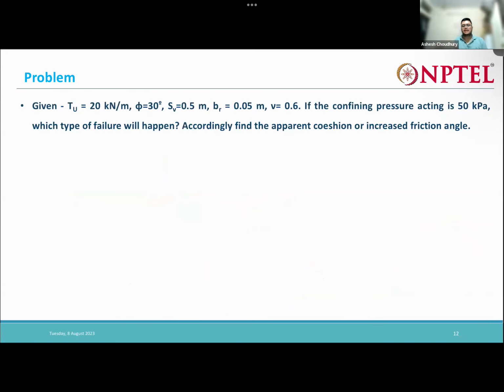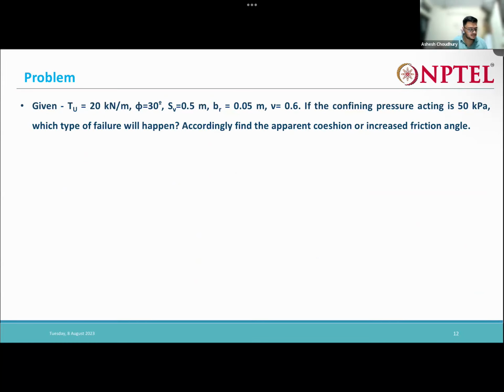Similarly, let us solve this problem. We have some values given. If the confining pressure acting is 50 kPa, which type of failure will happen? Please tell me what is the probable mode of failure. Please calculate.